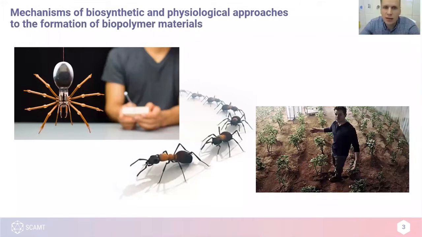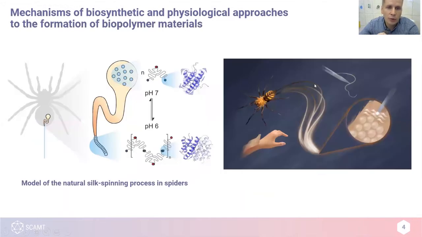In this case, our interest is in knowledge about the processes and mechanisms that make it possible to obtain new materials using living organisms, for example, insects, spiders, or plants, and others. In the next slide, maybe you probably know, an insectarium was created in our SCAMT Institute, and we can get natural spider silk every day.